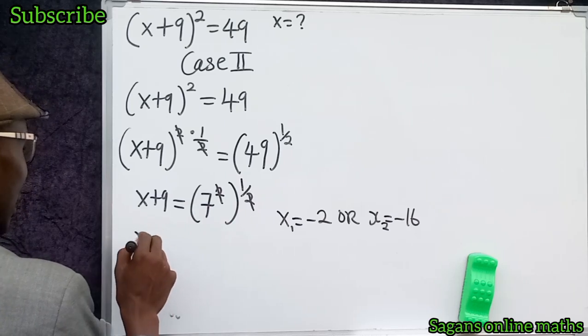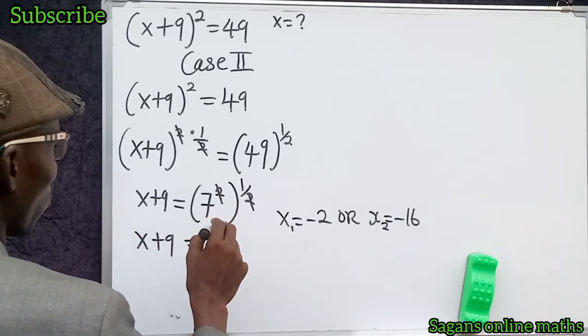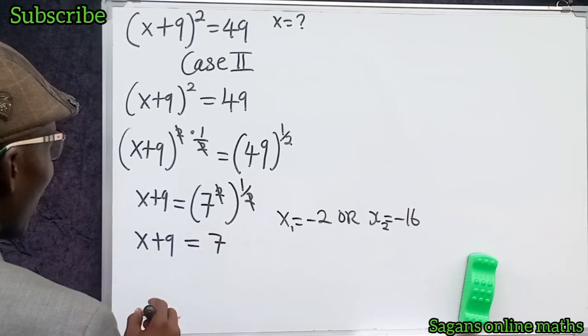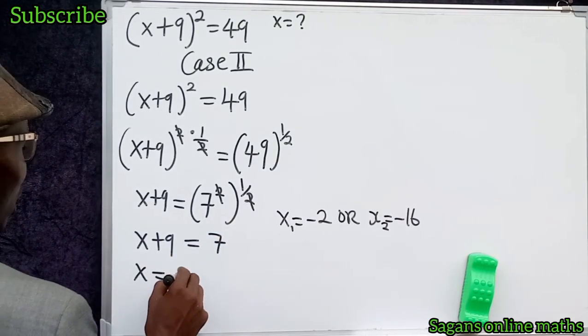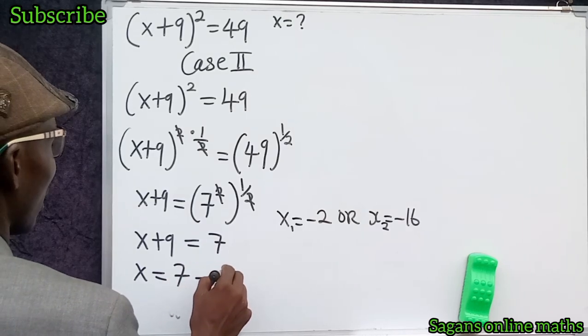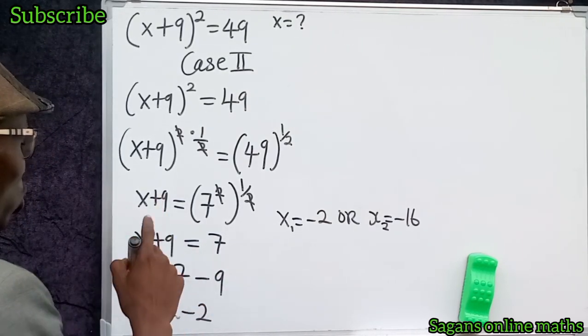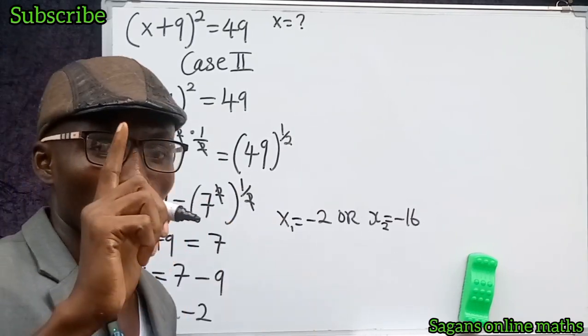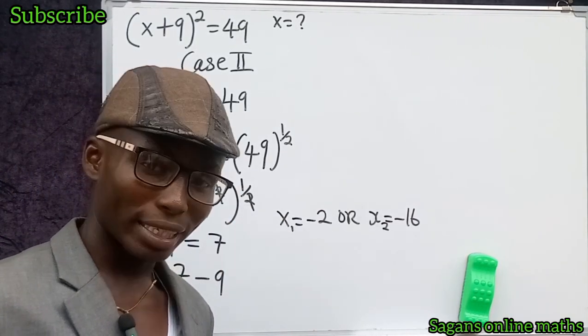So it means that x plus 9 is equal to 7. Now, by subtracting 9 from both sides, we see that x is equal to 7 minus 9. That means x is equal to minus 2. But this solving has only one solution. It is not correct.